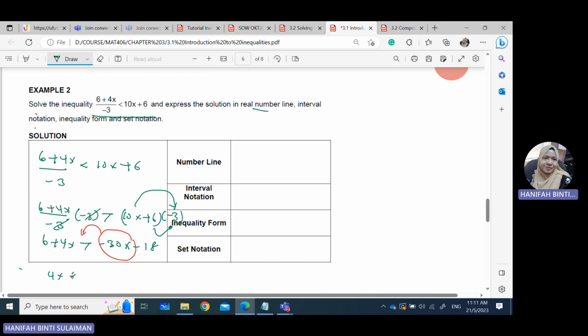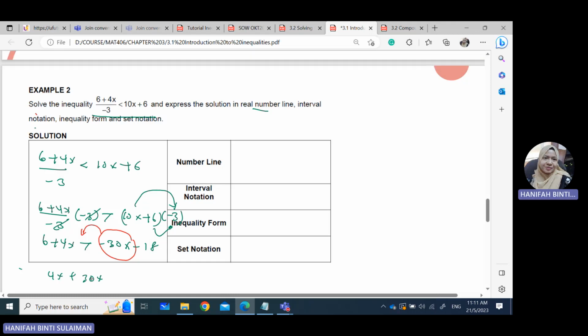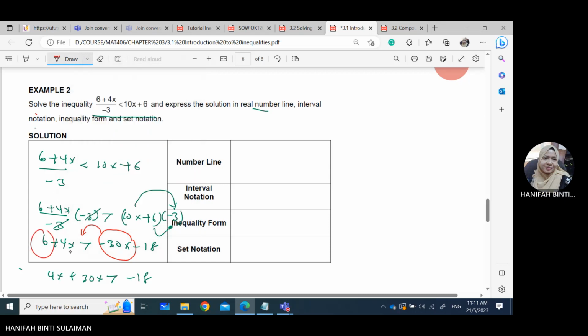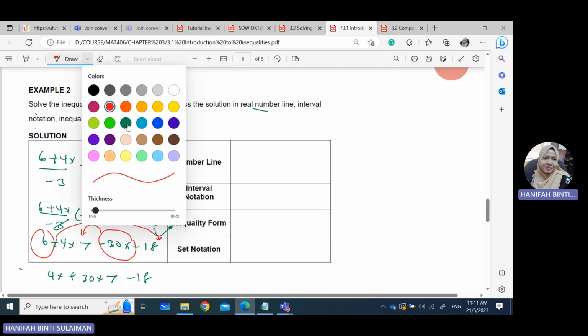So x tu kita kumpulkan di sebelah kiri lah, nak mudah. So 4x + 30x. Okay, ini tak ada berubah apa-apa sebab negatif positif je. Okay. Greater than negative 18. Yang ni 6 kita pindah ke sebelah, ataupun kita tolakkan dengan 6 di sebelah kiri dan juga sebelah kanan.